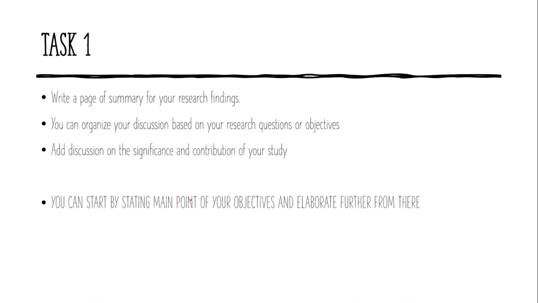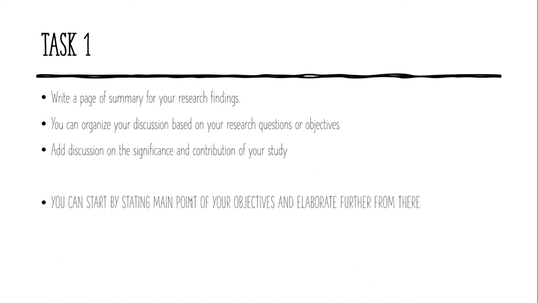Okay. All right. So for today's task, for this topic on the conclusion and future recommendations, I have two tasks. Okay, the first task will be to write a page of summary for your research findings. Okay, you can start to organize your discussion based on your research question or your objective. Maybe you want to discuss your findings based on the research objective, or maybe based on your evaluation types.